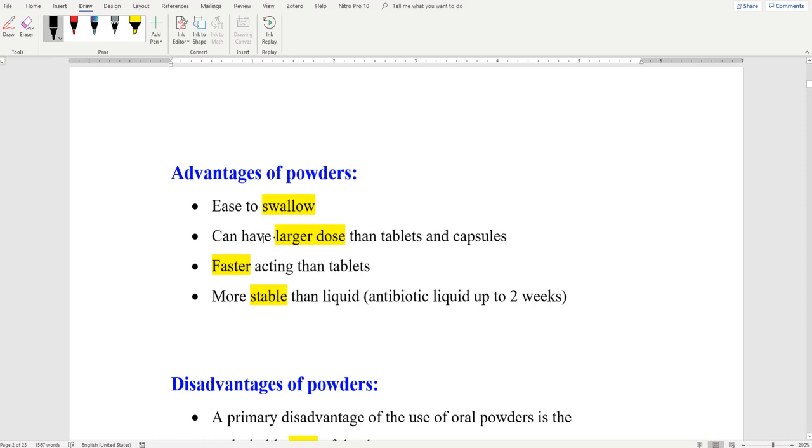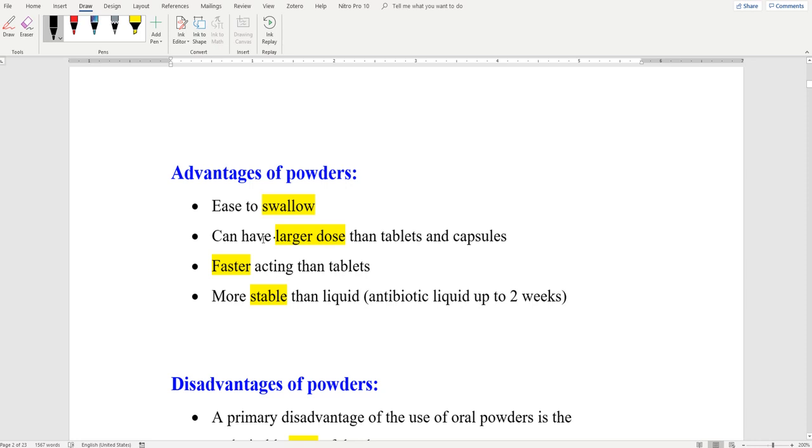You will eat the tablet like cake. So that's why tablets and capsules will have limited size, especially when we are talking about swallowing them. You cannot swallow a big piece of tablet or capsule. They have to be within certain size limits. Otherwise, no one will be able to swallow these tablets or capsules. So actually you can have a larger amount of powders.